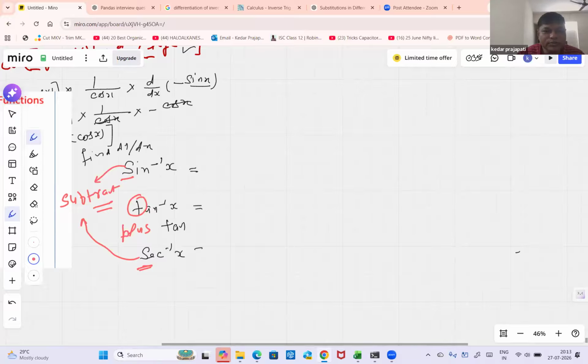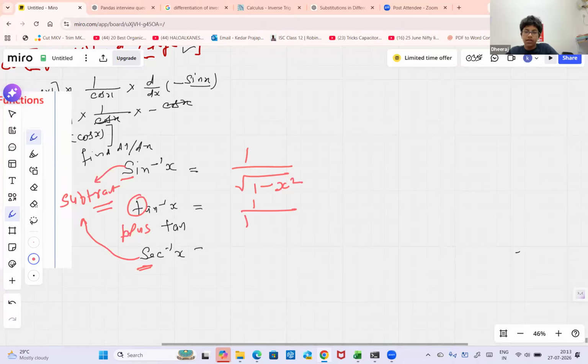Yeah. So it is 1 minus. Minus will come here. 1 minus x square. Tan is having plus. So it will be 1 by 1 plus x square. And secant square is minus. So 1 by root over x square minus 1. It is other way around. It is not 1 minus x square minus 1. And here mod x will come. Mod x.